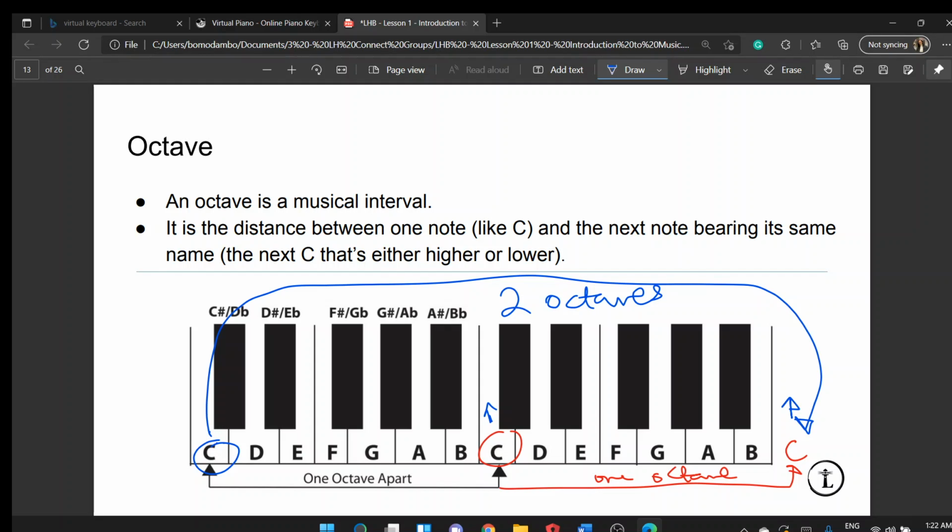At the same time, if you're referencing this note here, these C's are all lower pitches. So if you move forward on your keyboard, you're moving to a higher pitch, and if you move lower on your keyboard, you're moving to a lower pitch. But if you're playing the same notes, they are octaves apart from each other. Okay, so we're just going to stop here in this video and continue in the next video with tones and semitones. Catch you there.